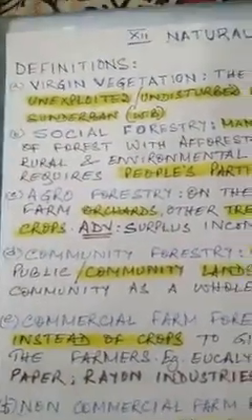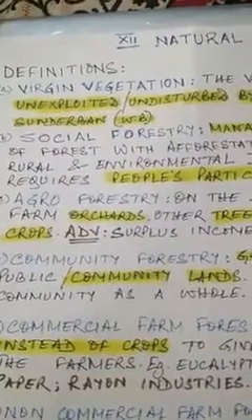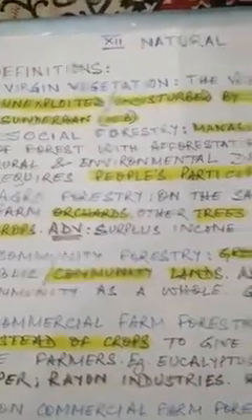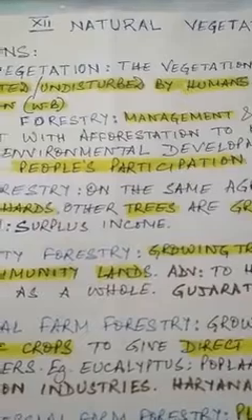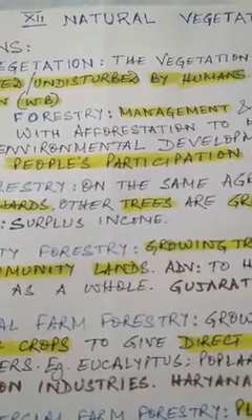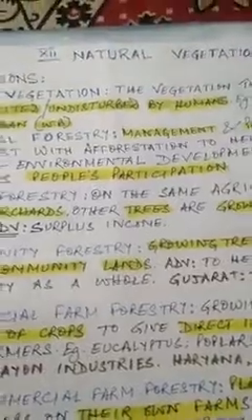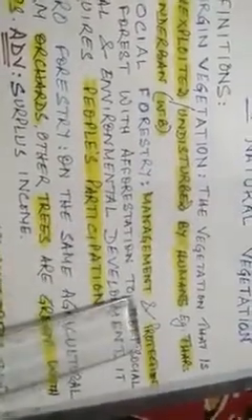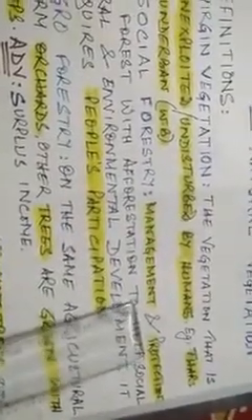Next point, we come social forestry. Now under social forestry, 1 point has been highlighted. You can see in yellow, people's participation. Very important point. Now under social forestry, people have to be very, very active participants. 2 points, management and protection of what? Of forests.